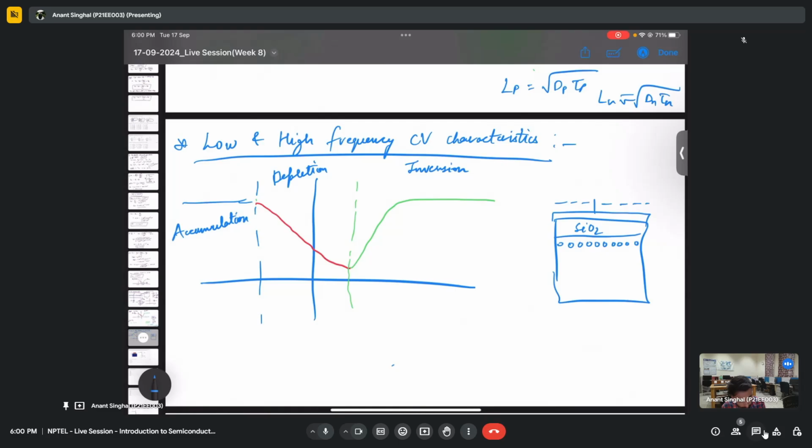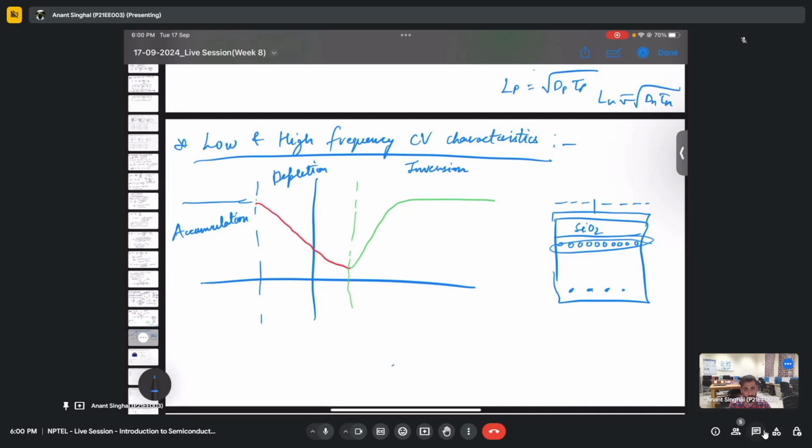So the main objective of telling this is the majority carriers that we have can quickly come at the surface, but the minority carriers might take time to come at the surface or to even make a complete layer at the surface. Does it make sense? First of all, they are minority and they are less, and they will take more time to come at the surface as compared to the majority. Does it make sense? Yes, sir. Yeah.